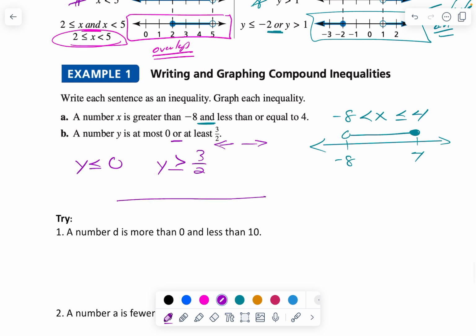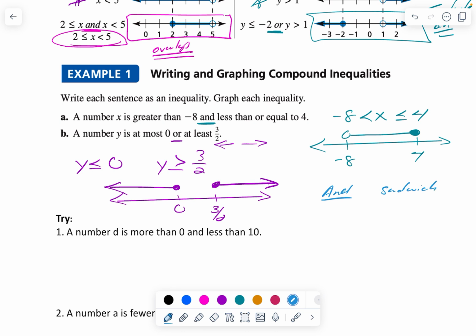When we graph it, again with the "or," it's usually in both directions. So we have 0, and then here's 3/2, and that's what that looks like. So again, in general, if you have "and," it's going to look like the sandwich. If you have "or," then it's going to be going in two directions.